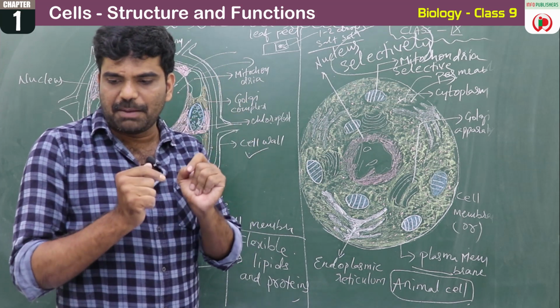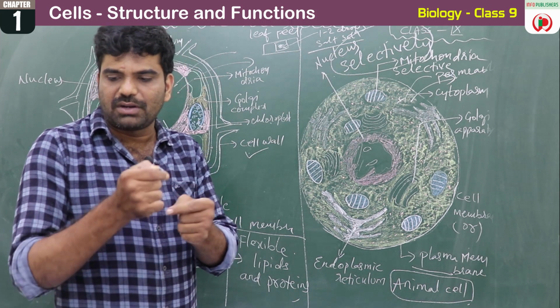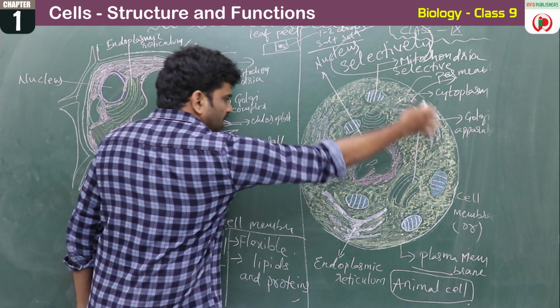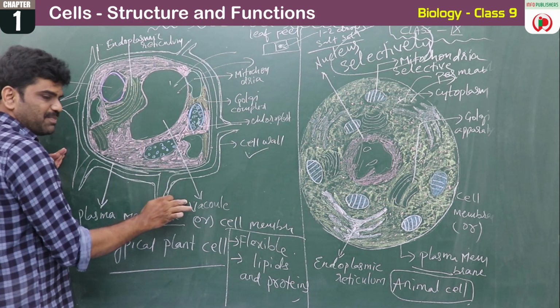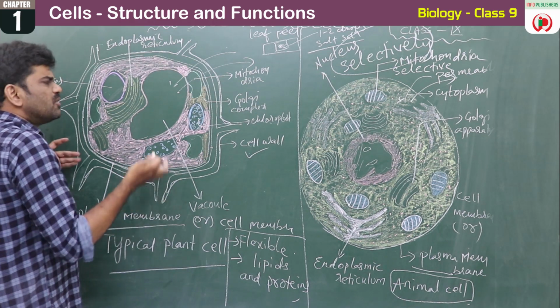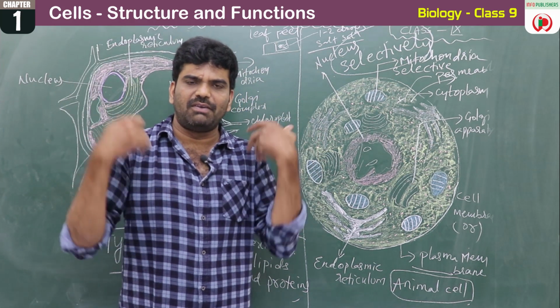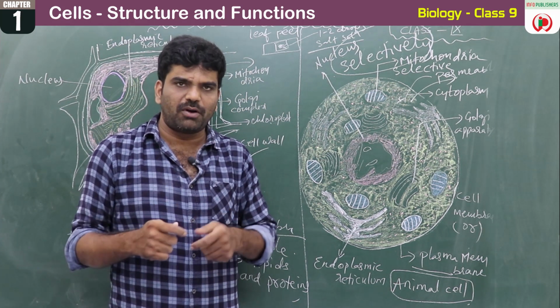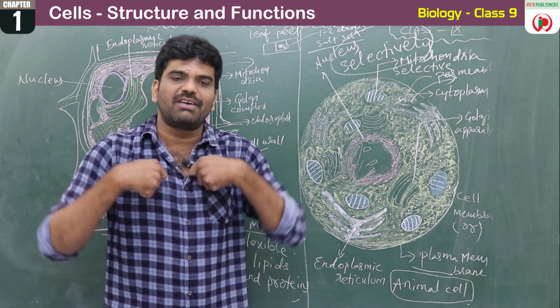While the cell membrane acts as the outer layer in the animal cell, in the plant cell the outer layer is mainly the cell wall. See, this is the outer layer. Why? Because the cell wall is absent here, and here the cell wall is present. For example, if you wear a sweater and I ask you to remove the first cloth from your body, definitely you will remove the sweater only, not your shirt.